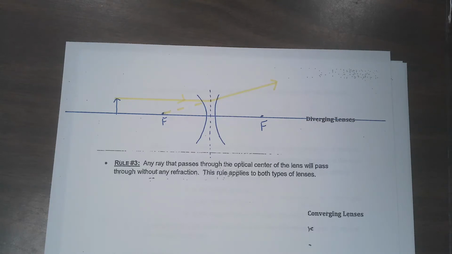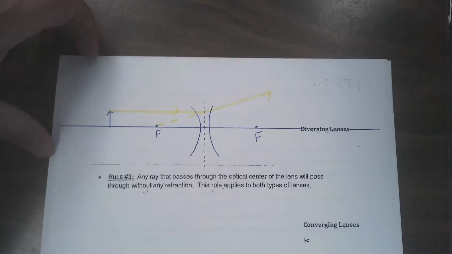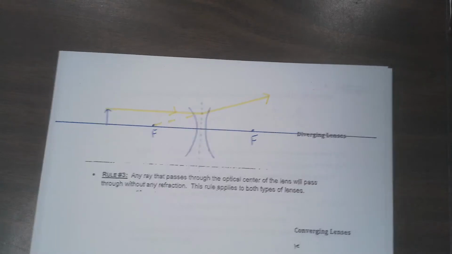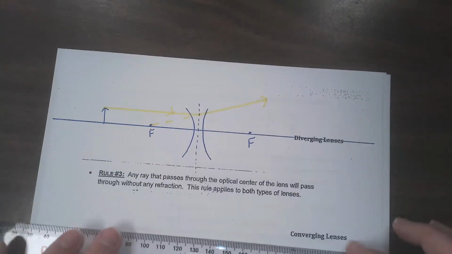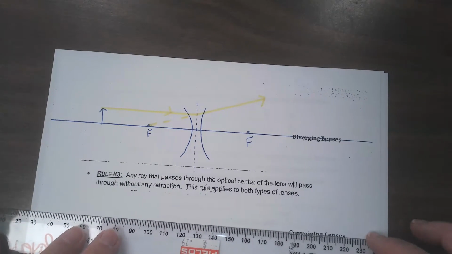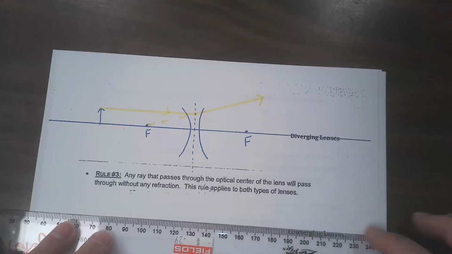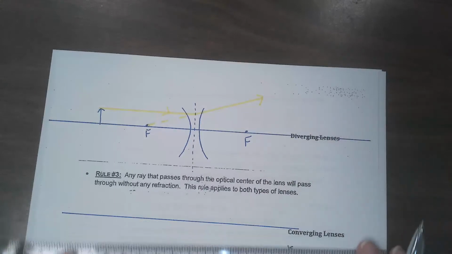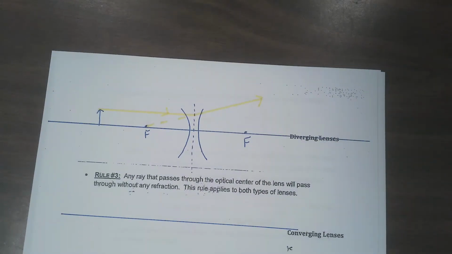Rule number 3 says any ray that passes through the optical center of the lens will pass through without any refraction. This rule applies to both types of lenses. So let's do this. I'm going to get 2 pictures in this area.